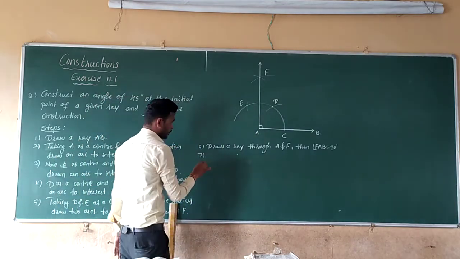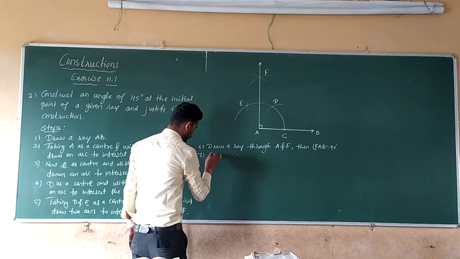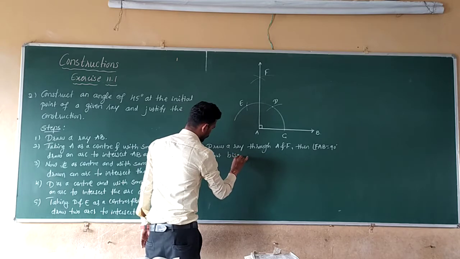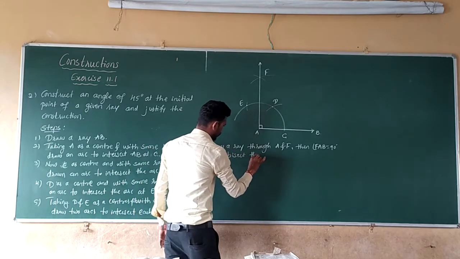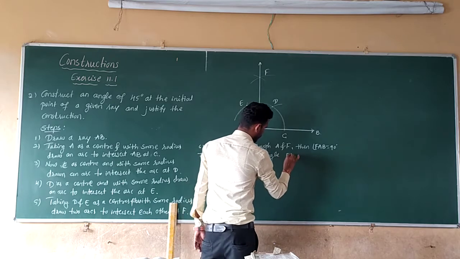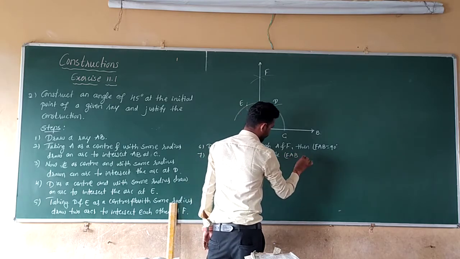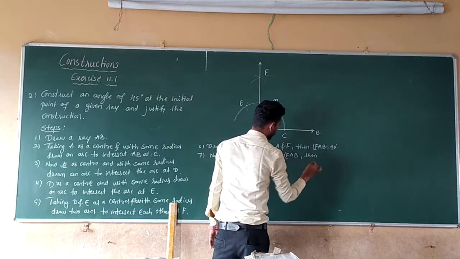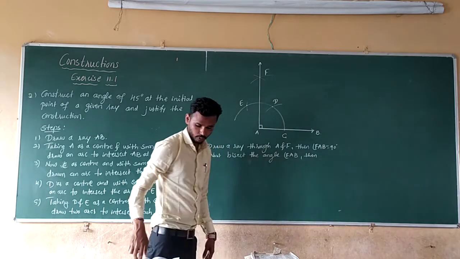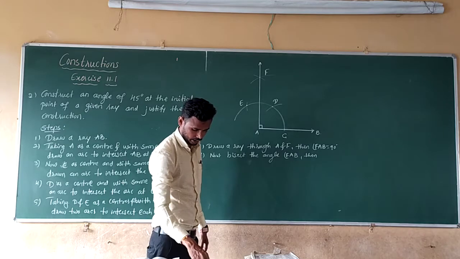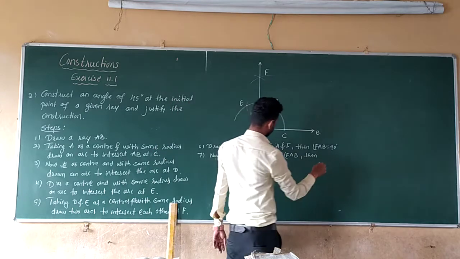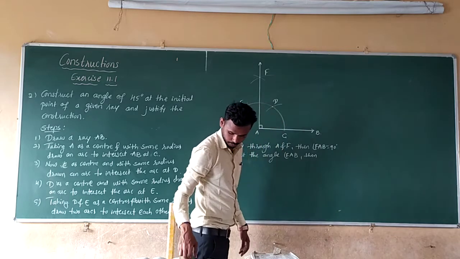So now again bisect the angle FAB. First bisect that, and you will get the ray with point G. So how will you bisect that?